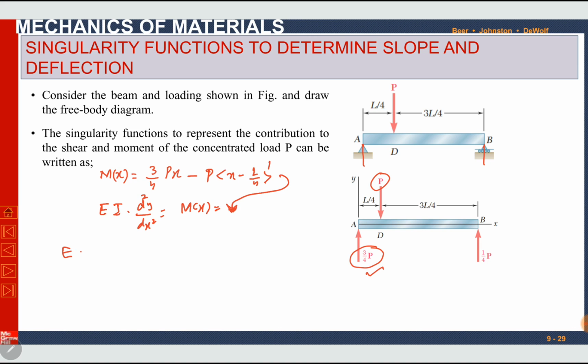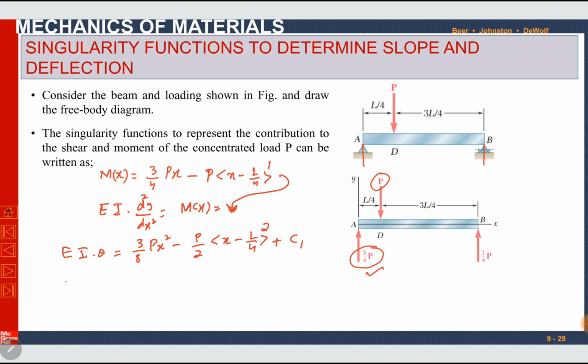On first integration, it will be EI theta equal to the integral of the moment function on the right side, which will be 3/8 P x square minus P/2 times x minus L/4 power 2 plus a constant of integration. This is the first integration, so it is C1.